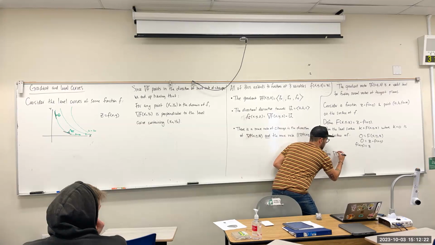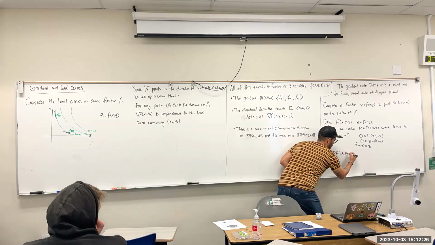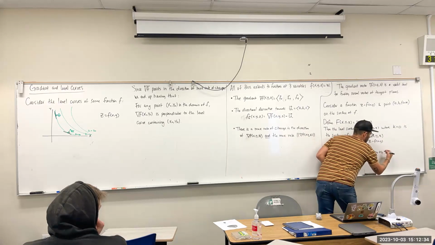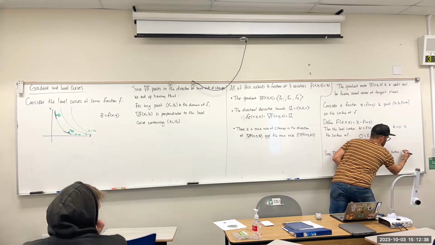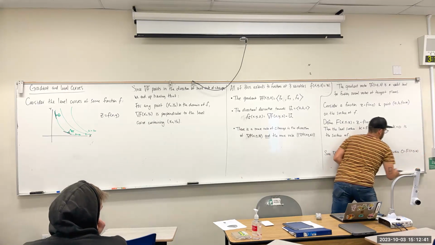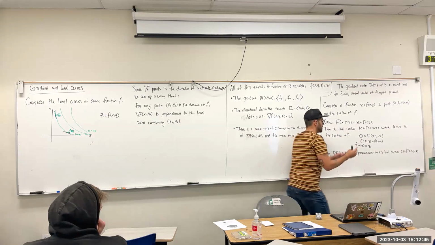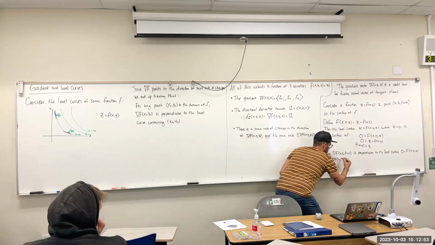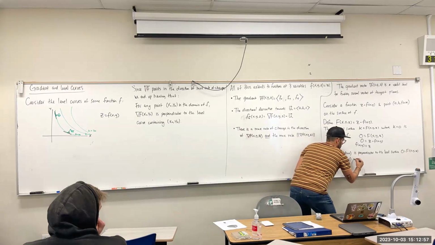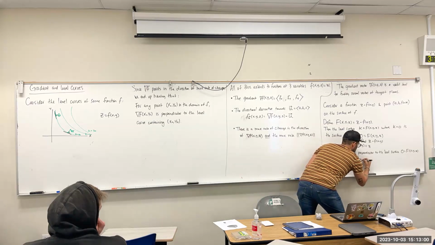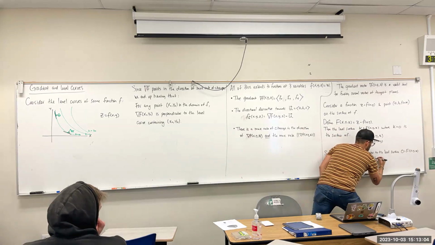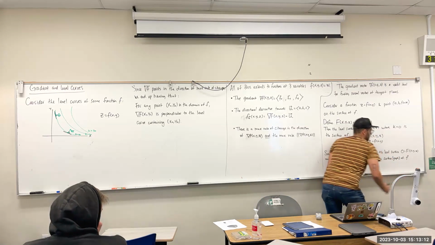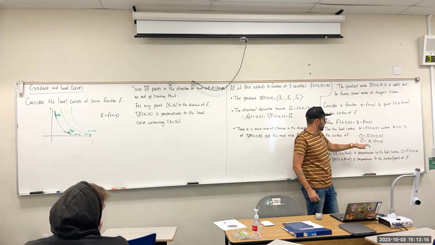Since the gradient of capital F at the point a, b, f of a, b, is perpendicular to the level surface 0 of F of x, y, z, and since the level surface is just the graph of f, that means this gradient vector at that point is perpendicular to the surface, which is the graph of f, because they're the same thing. The level surface of this bad boy is really just the graph of the function.